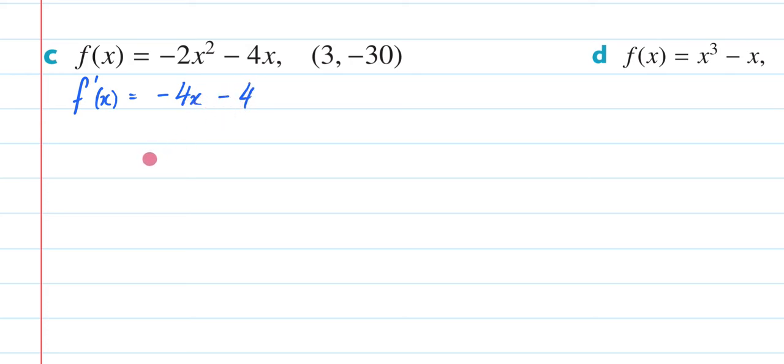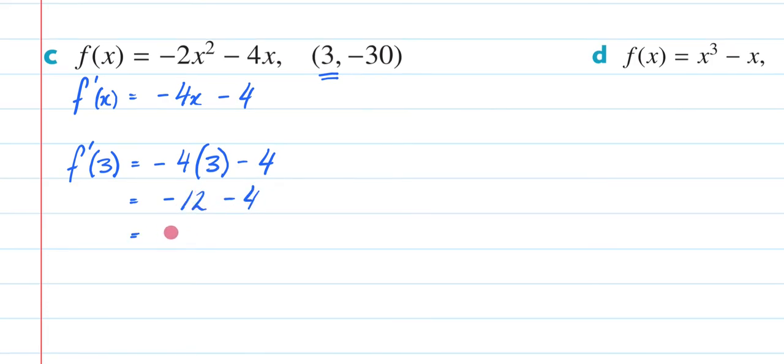To now find the gradient of the tangent at this point, I'm going to sub in this x value into my derivative. Which is going to be negative 12 minus 4, which is going to be negative 16. Get my highlighter, give that a highlight.